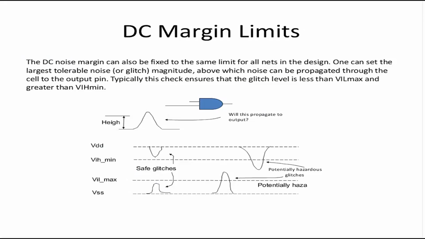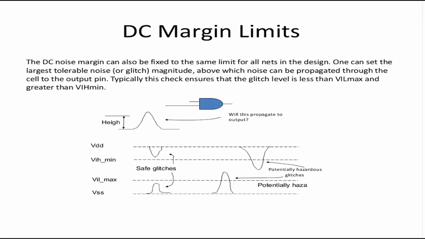This slide is telling us that if the margin values are not coming from the library itself, then you can assign some values and apply them to all the nets. Let's say I somehow get the noise VIH and VIL values for a particular inverter. I can use the same value for all the nets in my design. Let's say for our 1 volt technology, I say that both are 0.1 or 0.2.